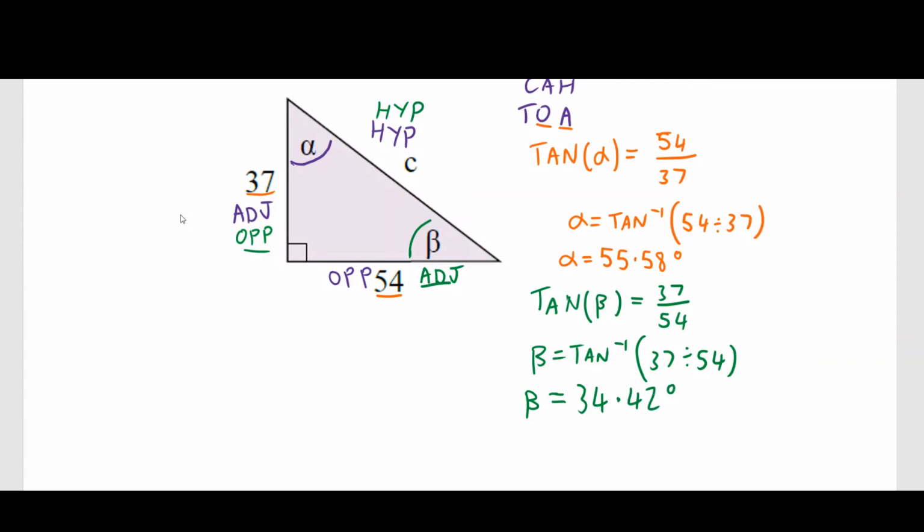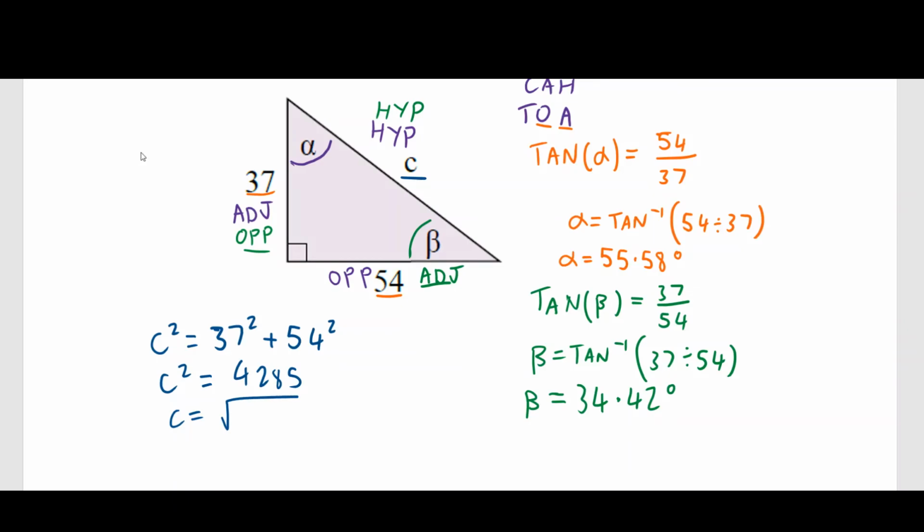34.42 degrees. Okay. Now, this unknown side C. So that side length, we can use Pythagoras. So C squared is going to equal 37 squared plus 54 squared. C squared equals 37 squared plus 54 squared gives 4,285.